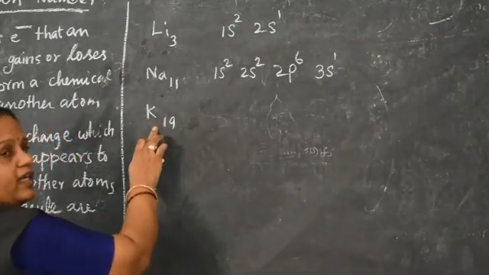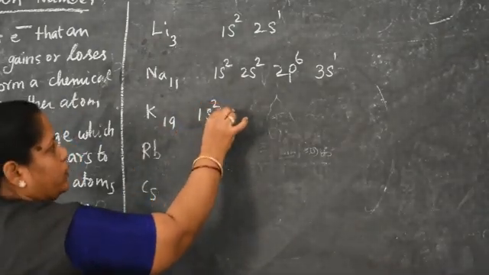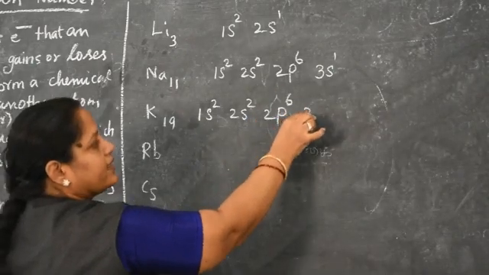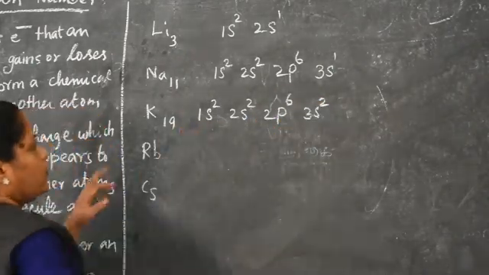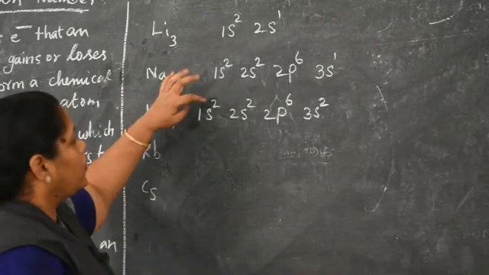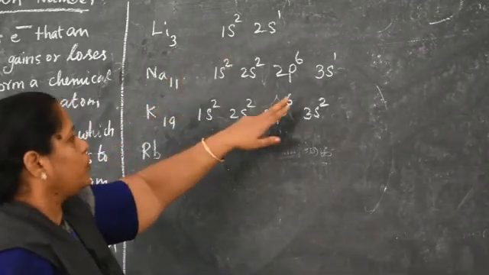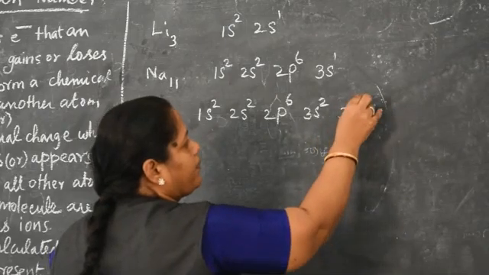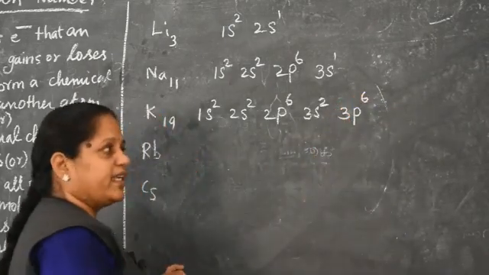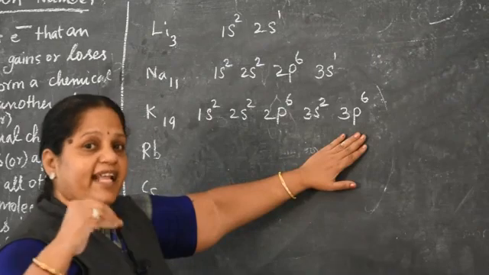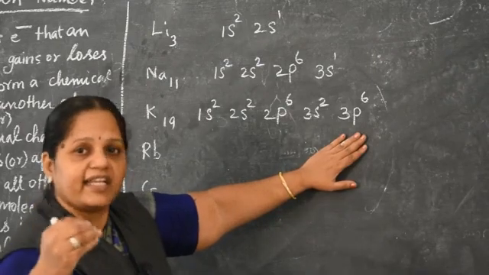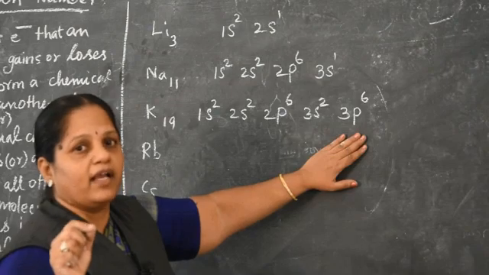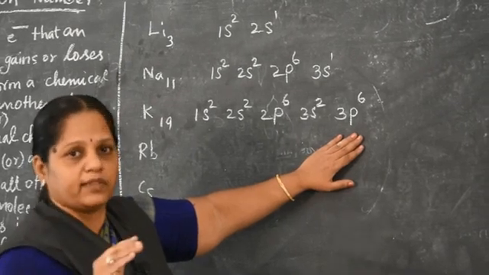Like that, for potassium also: 1s2, 2s2, 2p6, 3s2, totally 19 electrons. So 1s2, 2s2, 2p6, 3s2, then 3p6. After entering 3p6, the next electron does not enter the 3d orbital, it enters 4s. Why? Based on the half-filled stability principle.